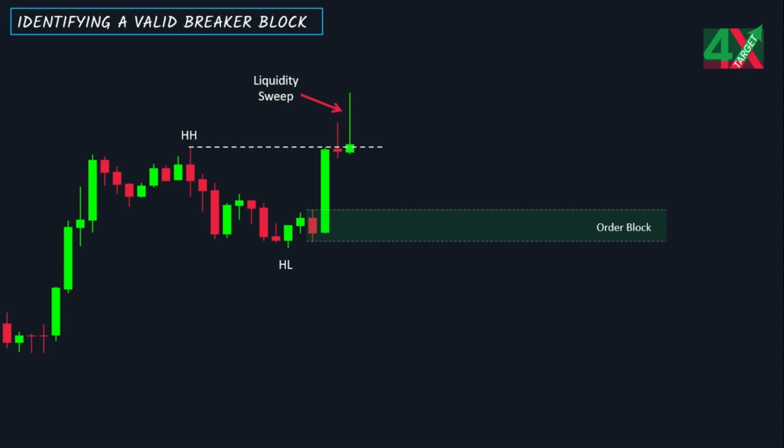A candle close above the high is not mandatory for breaker blocks, but liquidity must be clearly taken. In a bearish context, price must sweep liquidity below the recent swing low before reversing.